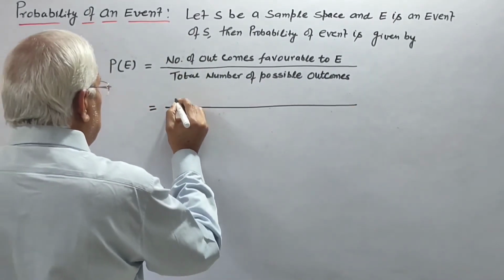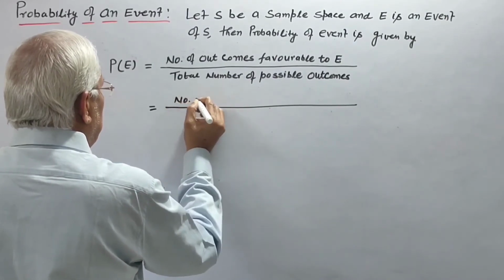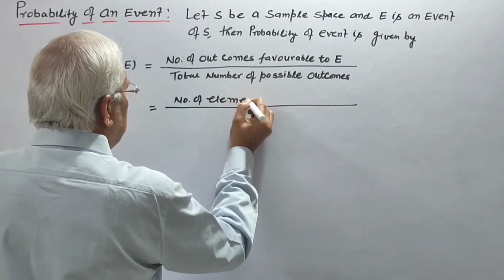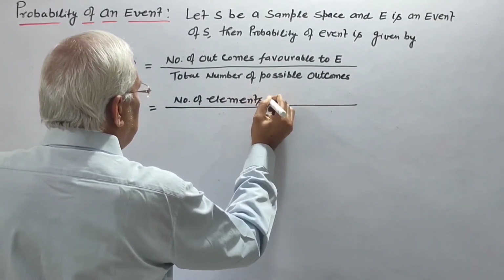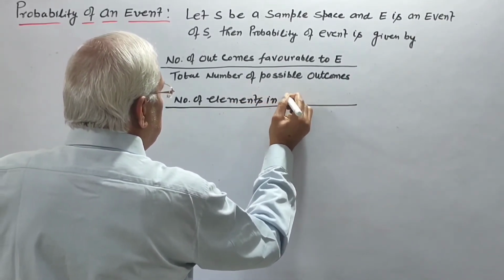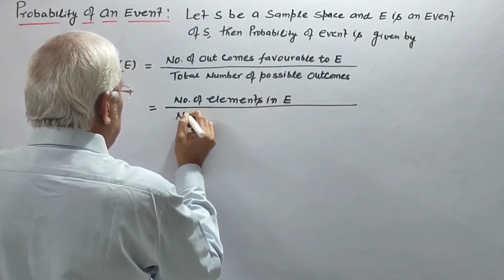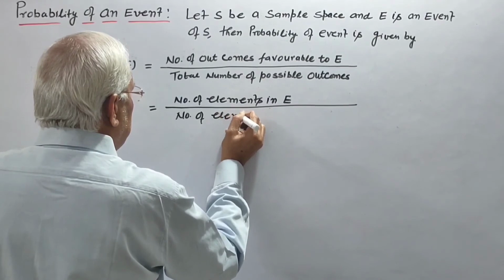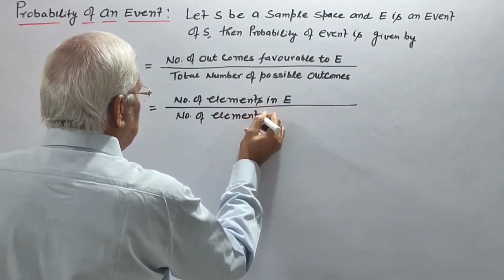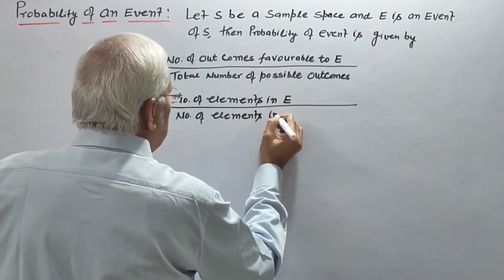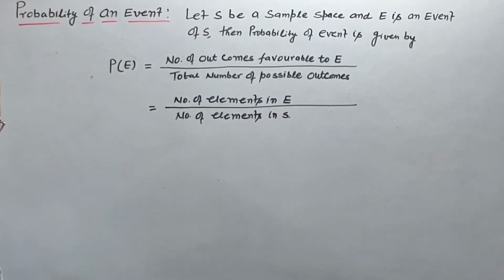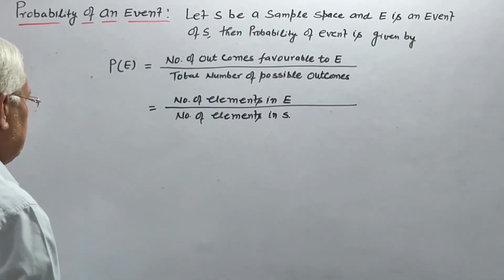This is also equal to number of elements in E divided by number of elements in S. So by this formula you can calculate probability of an event.